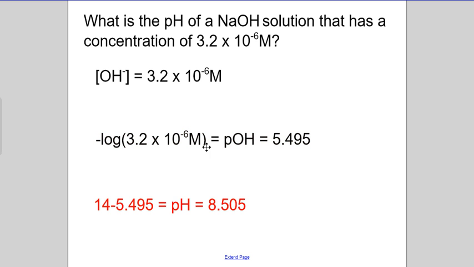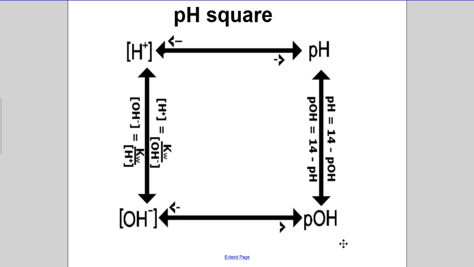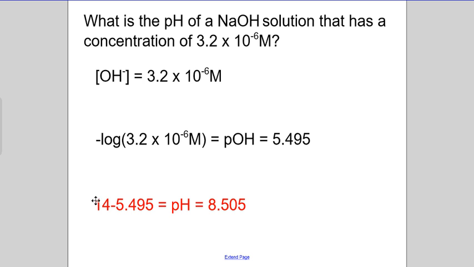Once I got the POH, that brings me here. I went from here to here, and now I need to get to pH for this problem. To do that, I just take 14 minus the POH, which gets me pH, which is 8.505. And there's our final answer. This is what we were looking for in this problem.